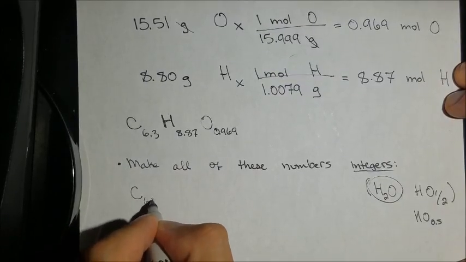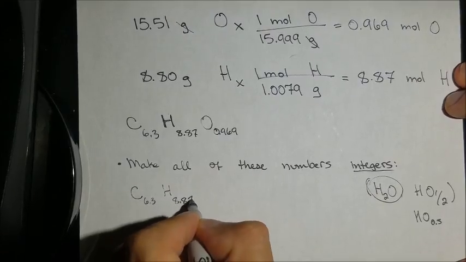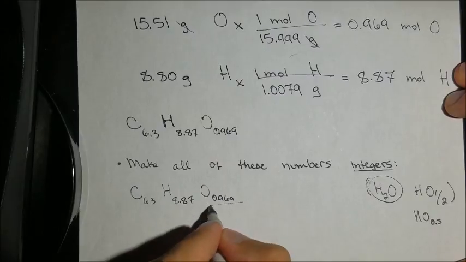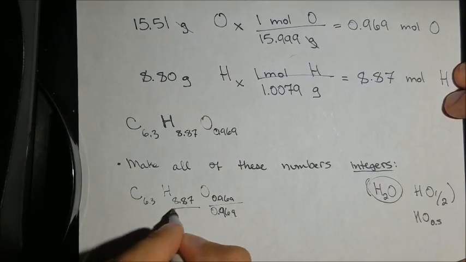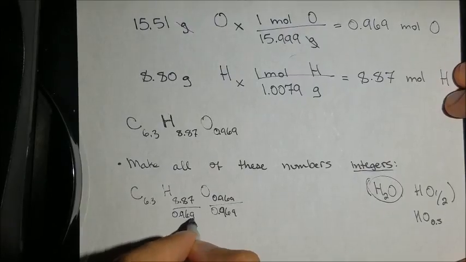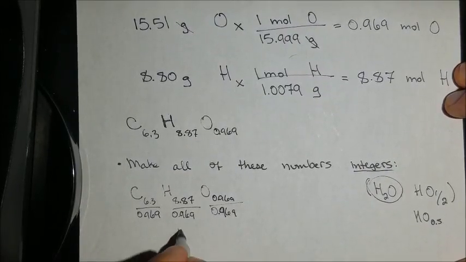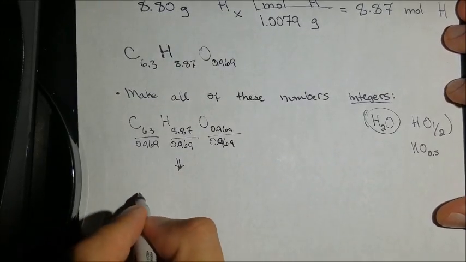So let me go ahead and write that out. Okay, and then I'm going to divide all of these by 0.969. Let me move this up a little bit so you can see.